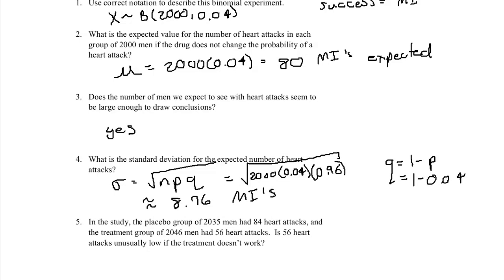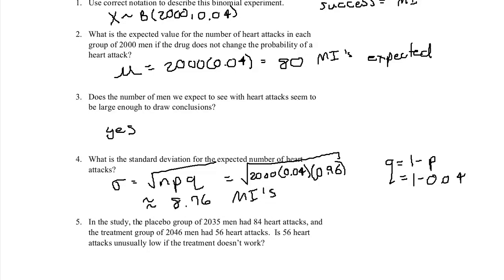Now, in our actual study, we didn't have exactly 2,000 men. In the placebo group, we had 2,035 men, and there were 84 heart attacks. Seems reasonable. A little bit more than 2,000, a little bit more than 80 heart attacks.